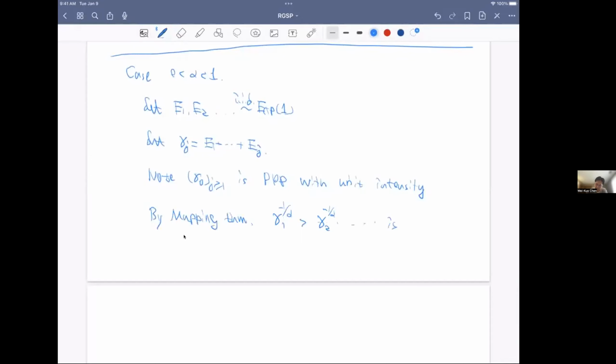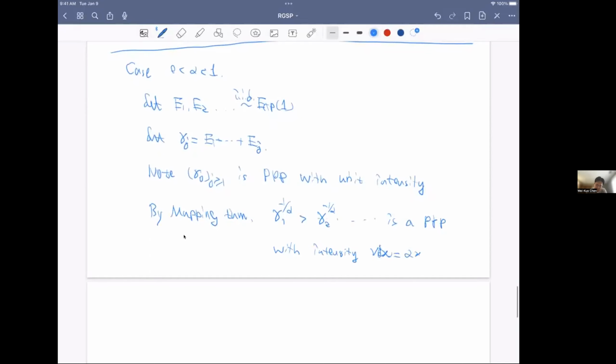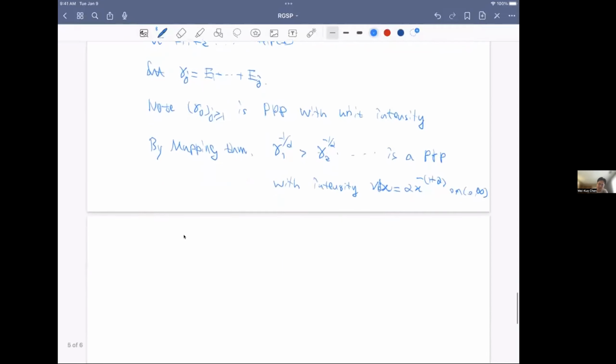So this is again a PPP, right, with the intensity nu dx equals alpha times x to the negative 1 plus alpha on this interval. Okay, now we have everything we need.